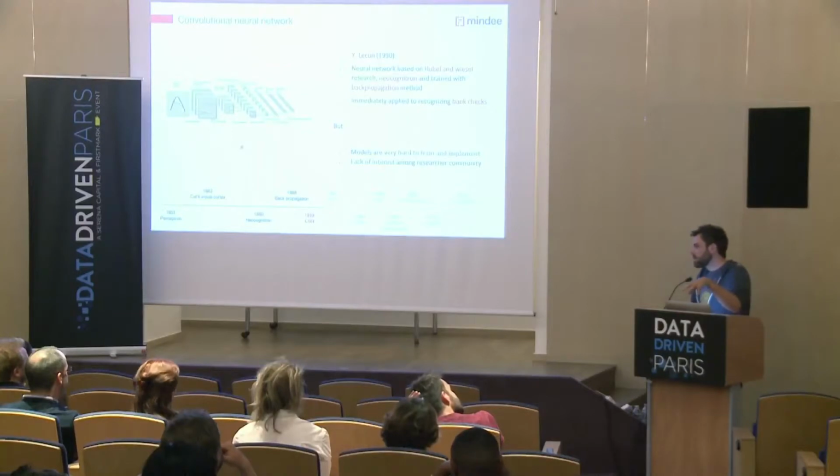It was working very well, actually. The first cash, bank check reader was equipped in 1995, maybe, with this kind of algorithm. That was the first machine equipped with a deep learning algorithm.